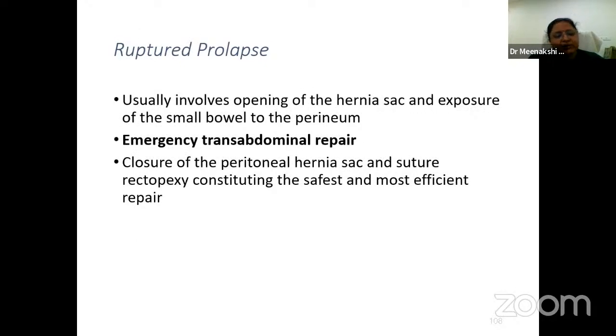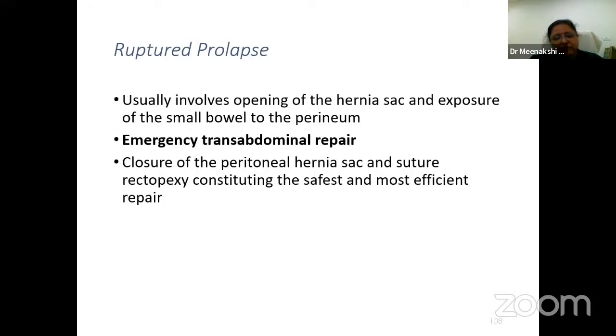Then when there is a ruptured prolapse that involves the opening of the hernial sac and exposure of the small bowel to the perineum, in such cases emergency transabdominal repair is always advisable and not perineal procedures. We have to close the peritoneal hernial sac and suture the rectopexy, constituting the safest and most efficient repair.